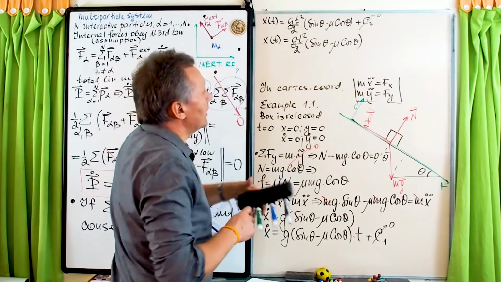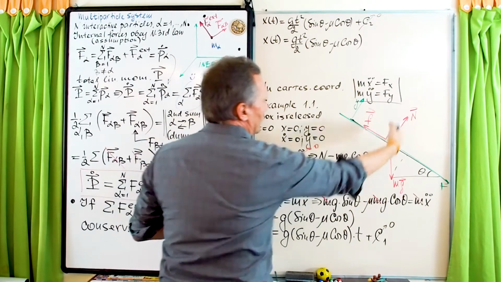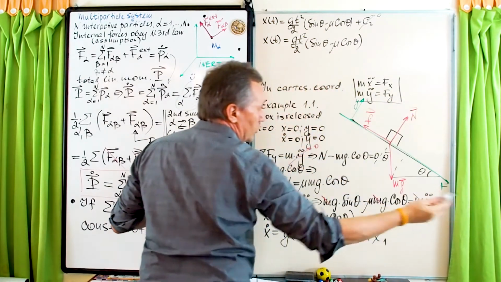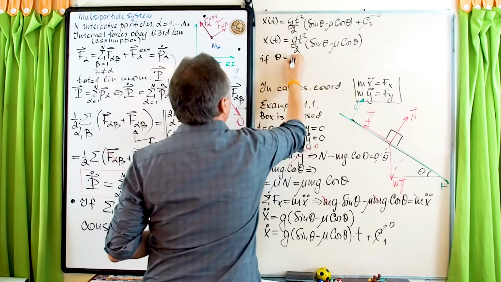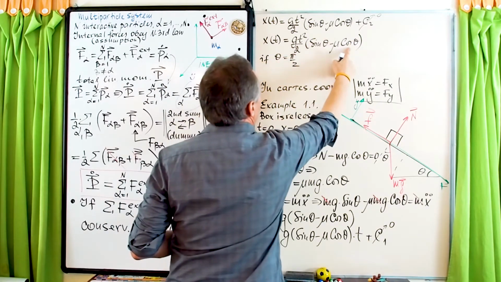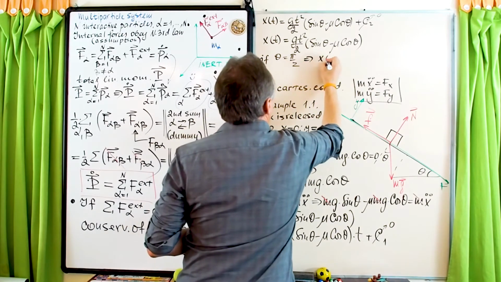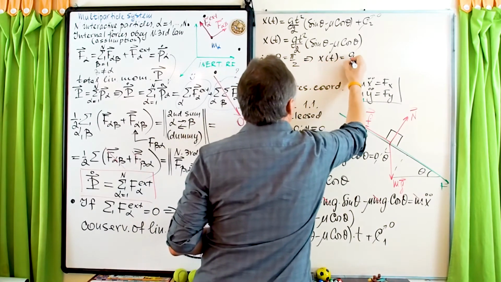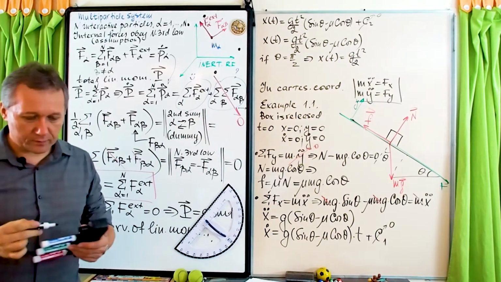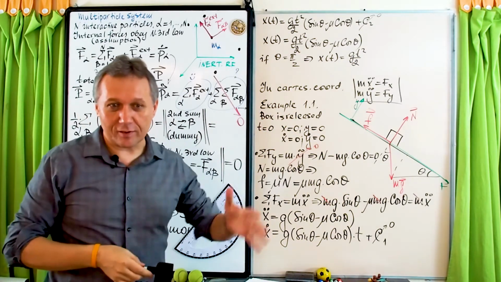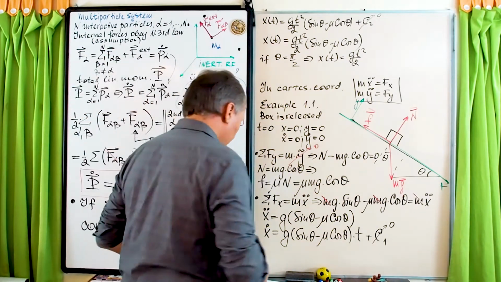Right, a special case, for example, if theta equals pi over 2, so basically you should get a free fall. If theta equals pi over 2, of course sine is 1 and cosine is 0, and of course x will be equal to g t squared over 2 as it should be for a free fall, because in that case it's not an inclined plane, it's a vertical plane, and of course the object will be falling, so it matches.